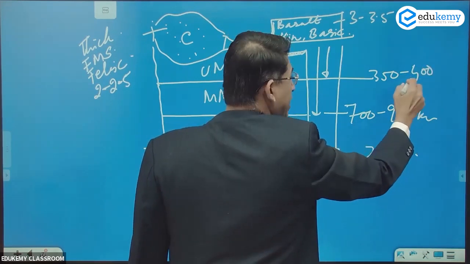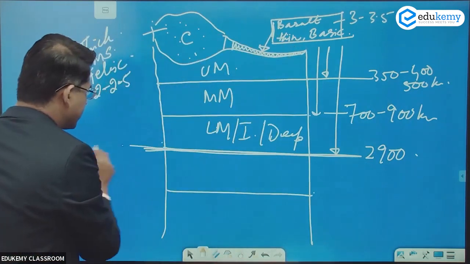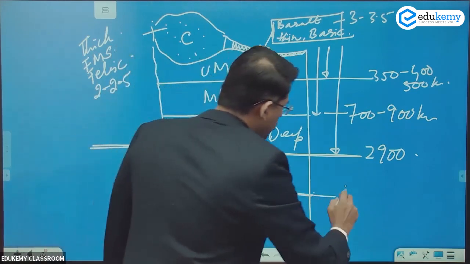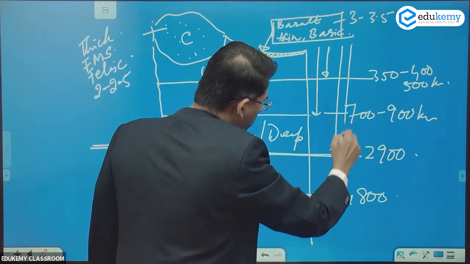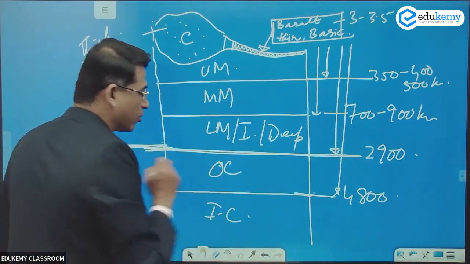Some books might even write 500 kilometers. That's perfectly okay. And this is where the core starts. This is the outer core up to a depth of 4800, again measured from the surface. And this is the inner core.